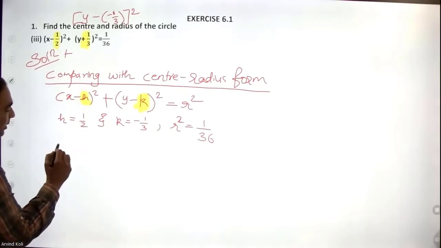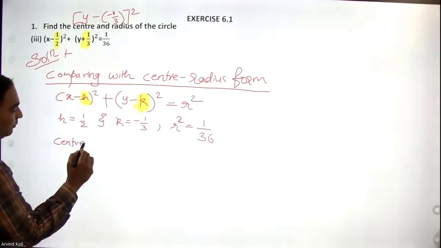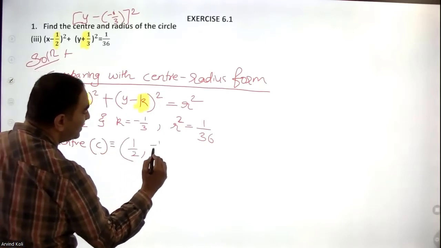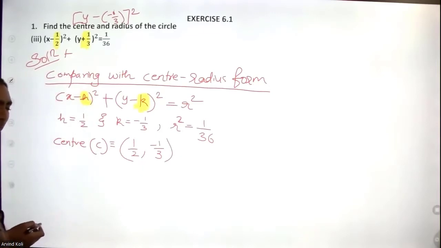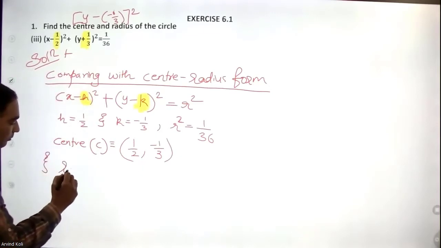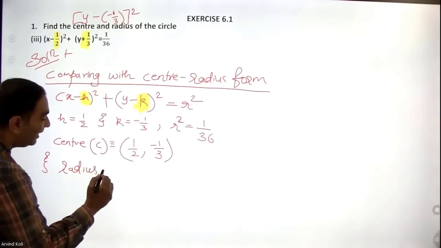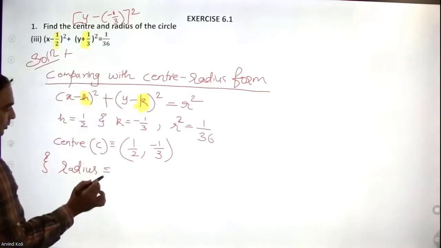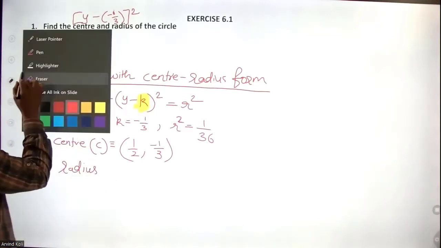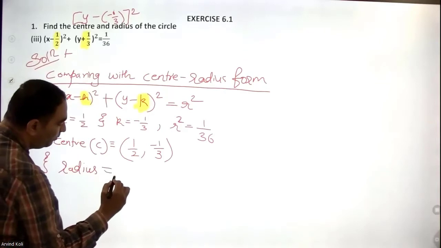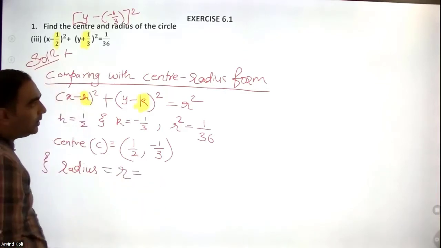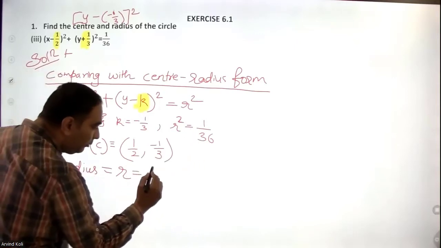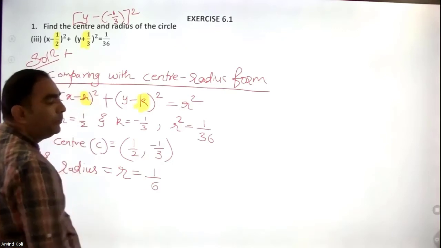So students, center, (1 upon 2) comma minus 1 upon 3, h comma k, right? And radius will be equal to r, which will be equal to, taking square roots, 1 upon 36 square root will be 1 upon 6 units.